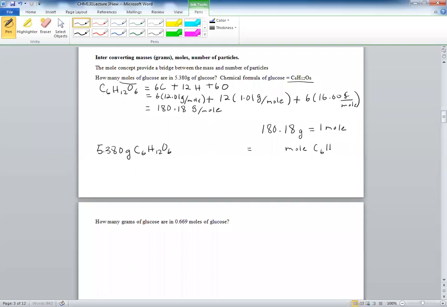of C6H12O6. So here's my conversion factor. If I'm starting with grams, what should go on the bottom? 180.18.